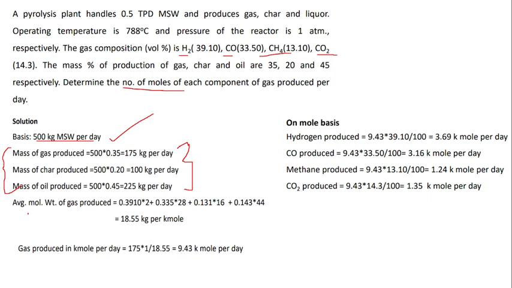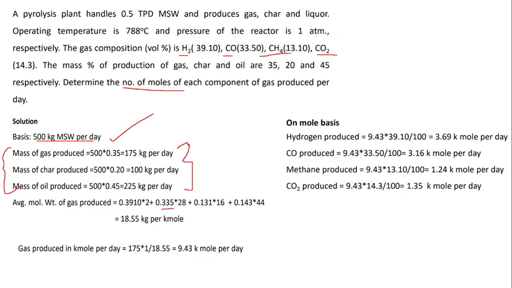And the average mole weight of the gas produced. Now we are going to find the average mole weight. Okay. Since 39.1 percent of hydrogen is formed, divided by 100, and the molecular weight of hydrogen is 2. So 0.391 into 2. Carbon monoxide molecular weight is 12 plus 16 is 28, and 33.5 divided by 100 is 0.335.